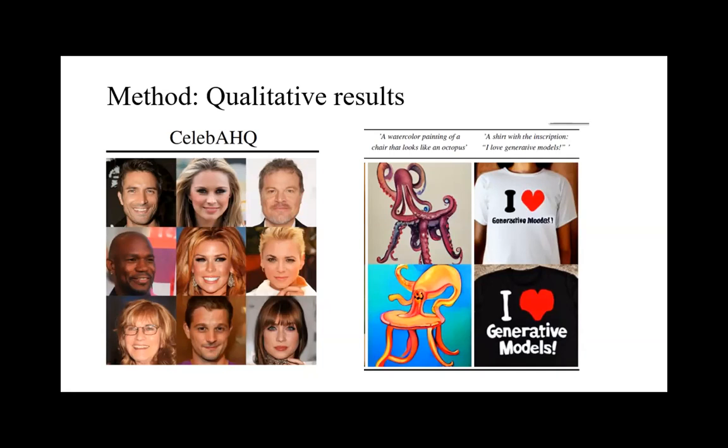So in this example, I write a shirt with the inscription, I love generative models. I want my image to have the text, I love generative models. And they put it on the shirt with a heart. And if you input this through DALL-E, the generated images don't have the text. We can write text in images.